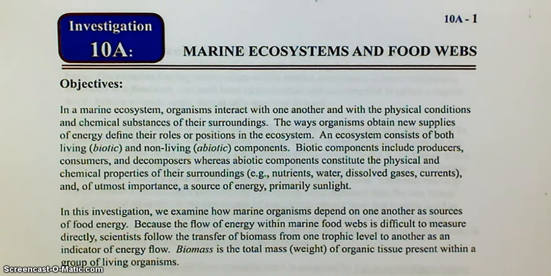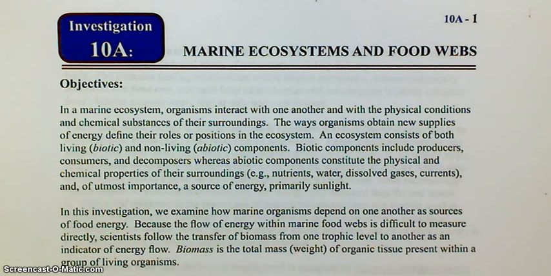Okay? All right. Well, first of all, it says, in a marine ecosystem, organisms interact with one another and with the physical conditions and chemical substances of their surroundings. The way organisms obtain new supplies of energy define their roles or positions in the ecosystem.